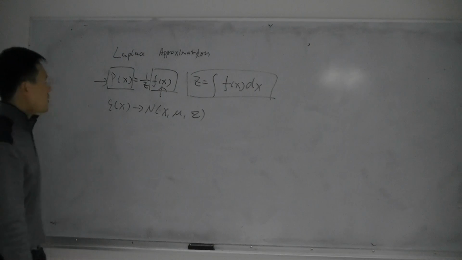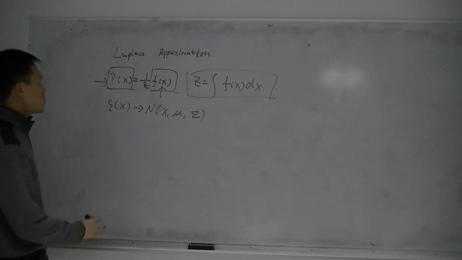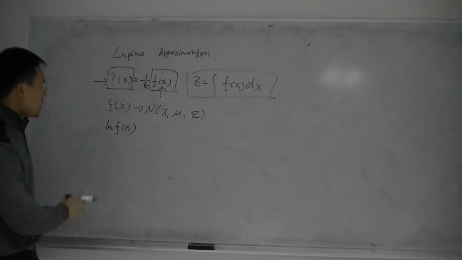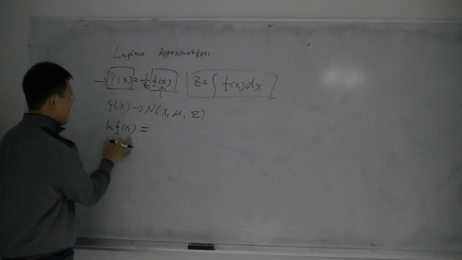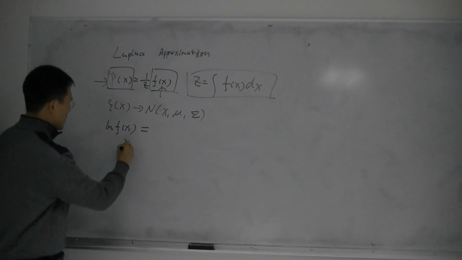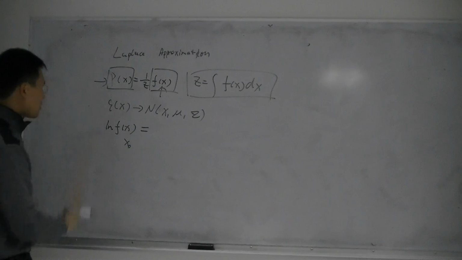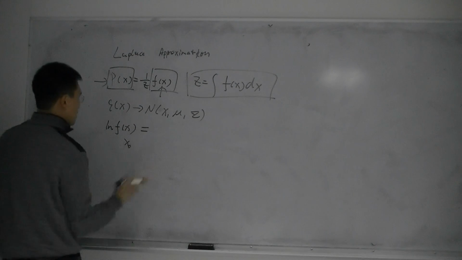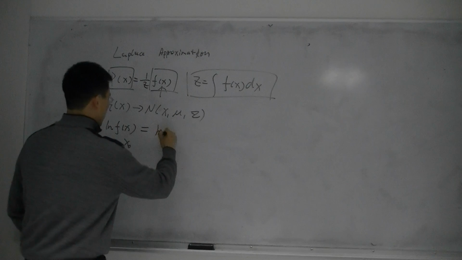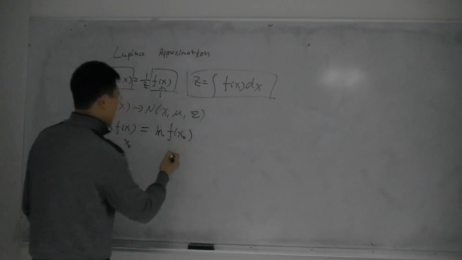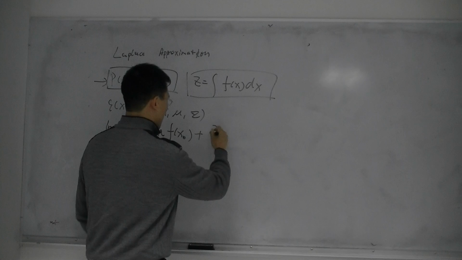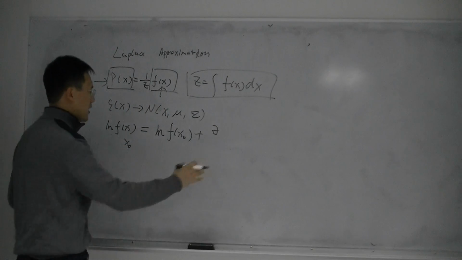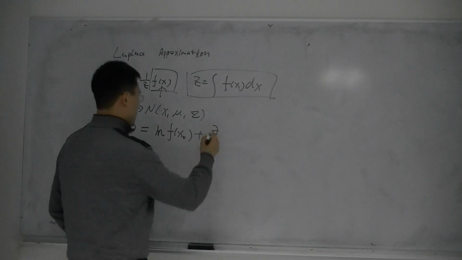Directly approximating this f of x is very difficult, so we choose the logarithm of f of x. And we take the Taylor expansion of this function at point x0. I will talk to you about how to choose x0 later. According to the Taylor expansion formula, this is f(x0) plus the first order derivative. In this case, we suppose x is a scalar, and we can extend to a vector case later. This is the first order derivative evaluated at x equals x0, times x minus x0.